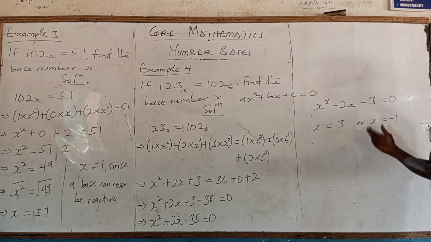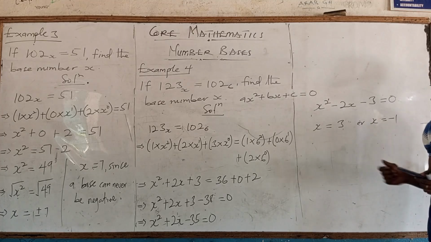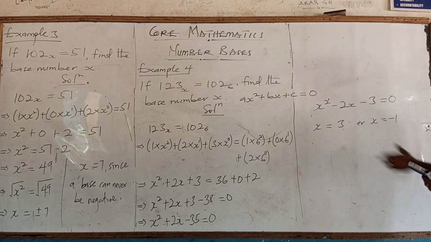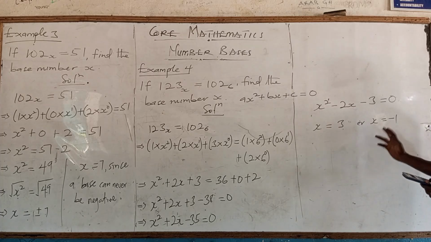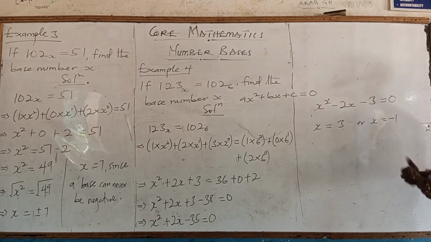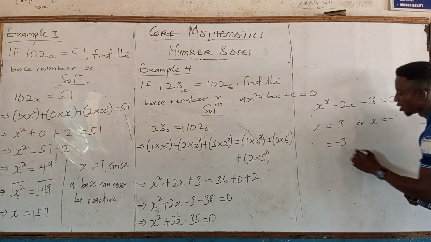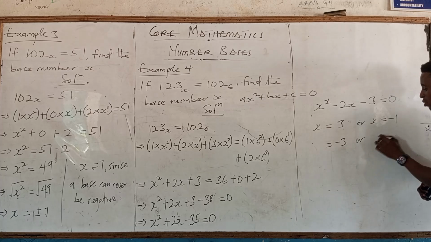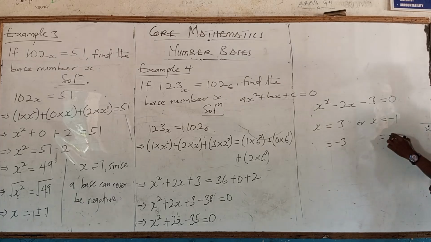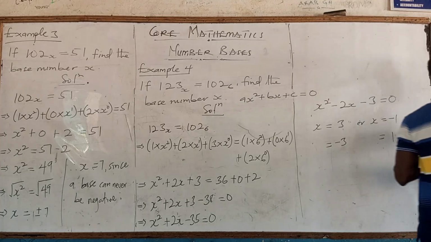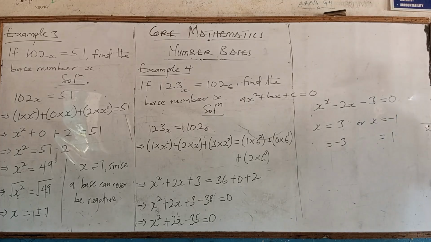So it doesn't matter, you write it this way. Since the denominators are the same as the coefficient, we change their signs. So changing this one gives -3, and this one is positive 1. Are you with me?